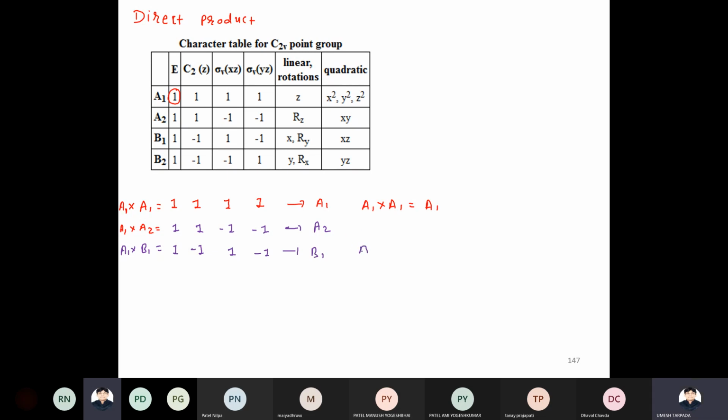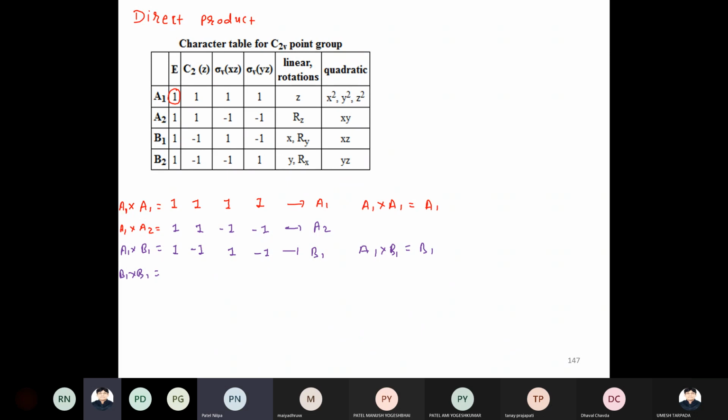That is, you can say A1 cross B1 is equal to B1. What about B1 cross B1? 1, 1, 1, 1.